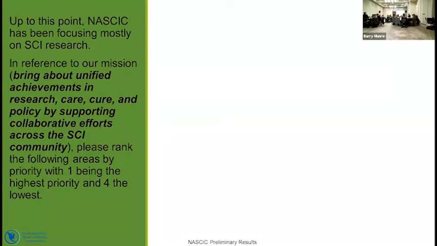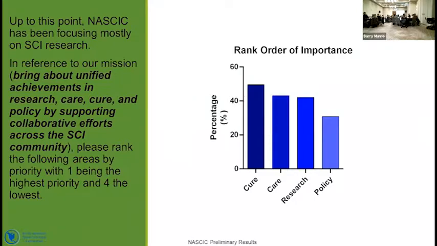But the mission that we created when we formed NASCIC was that we would bring about unified achievements in research, care, cure, and policy by supporting collaboration across our community. So we asked the people out there in the world living with spinal cord injury, please rank these different parts of our mission so that we can better guide our efforts. So if we go to the next, this is the slide.